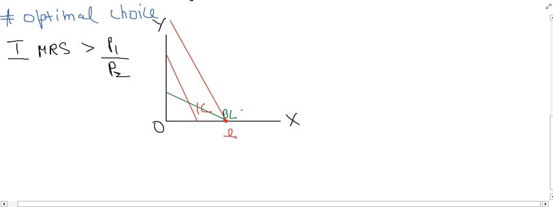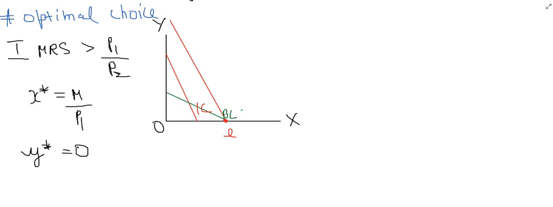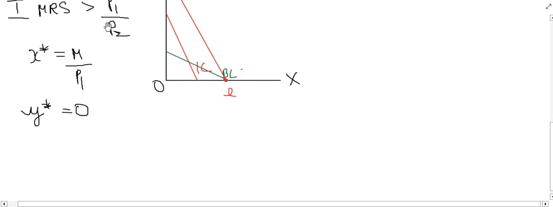So this is the equilibrium bundle when MRS is greater than P1 by P2, where the consumer is deriving maximum utility from good X as compared to good Y. So our demand bundle would be X star equals M by P1 and Y star equals 0. Let's move to case 2.